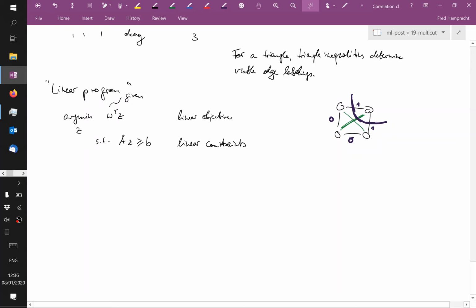let me give you the optimization problem for bigger graphs.